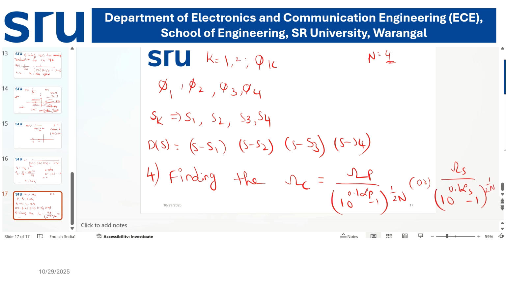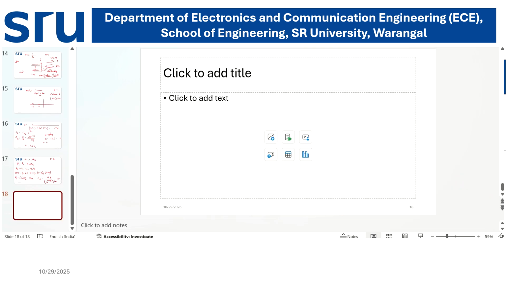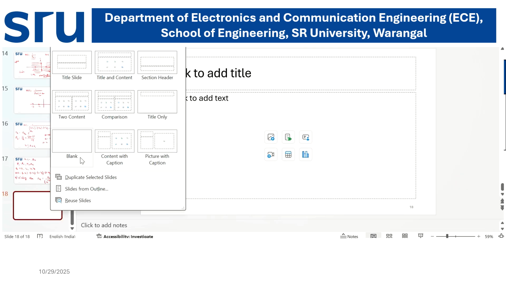So we can use any one particular formula to find the cutoff frequency.